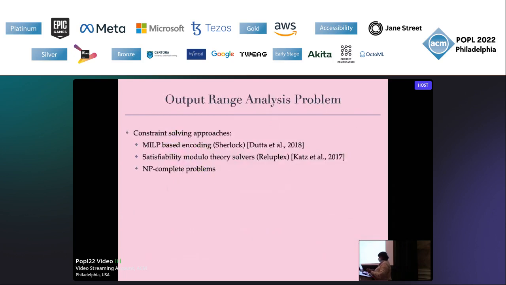This approach is used in multiple works, and here are a few examples. Sherlock, which uses an MILP-based encoding, and Reluplex, which uses a satisfiability modulo theory solver. And both of these problems are essentially NP-complete.